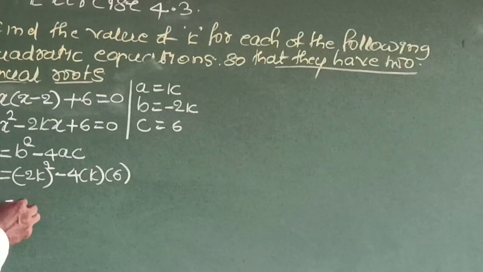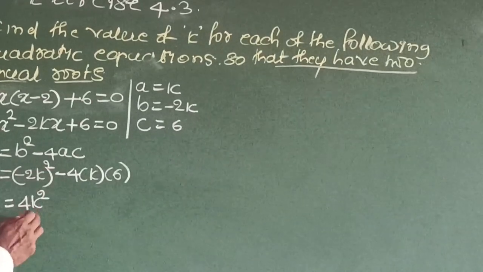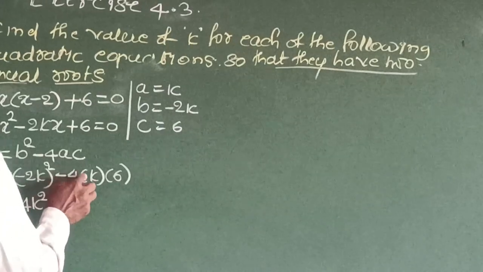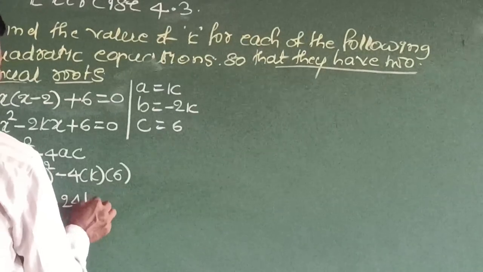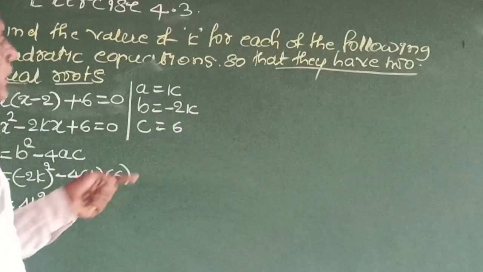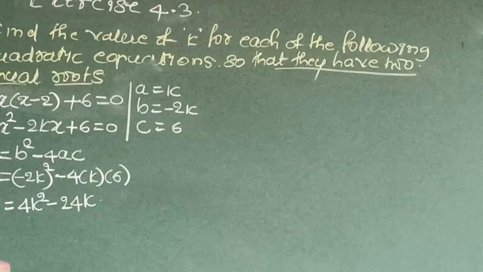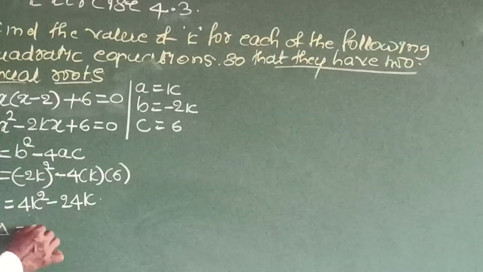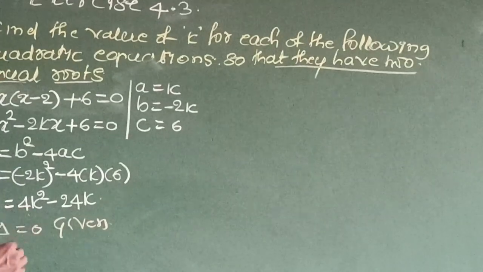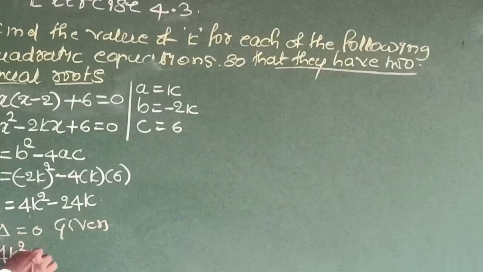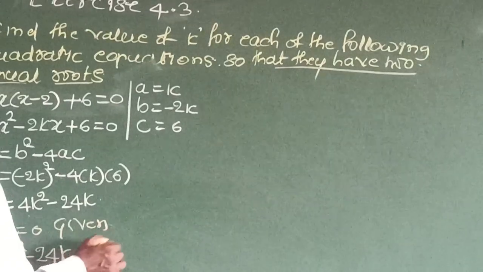Delta equal to 4k square minus 4 6s are 24k. Given they have two equal roots, therefore delta equal to 0. So delta answers: 4k square minus 24k equal to 0.